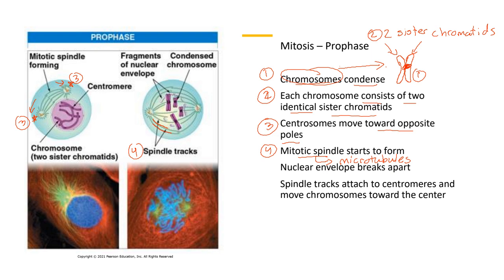The nuclear envelope breaks apart. That happens during prophase. Okay, we can see here fragments of the nuclear envelope. In other words, the nuclear envelope has broken apart. And the spindle tracks, again, are made of microtubules.